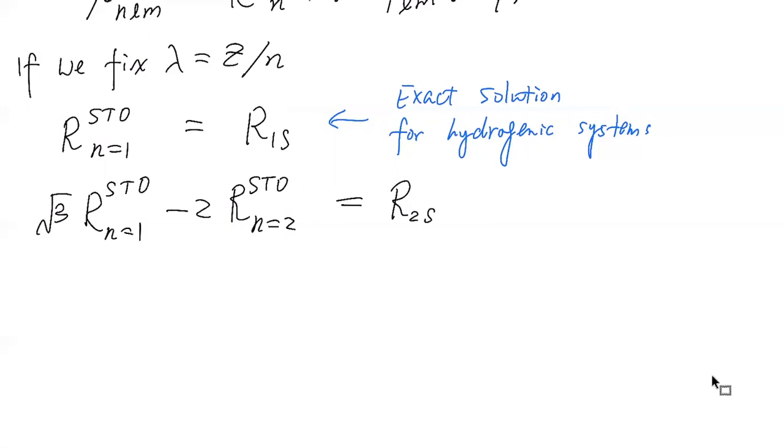But if you are willing to use a large number of mathematical functions, then you can construct the physical solution. In this case, it's really not a large number, it's only 2. If you combine n equal to 1 and n equal to 2, then you have 2s.